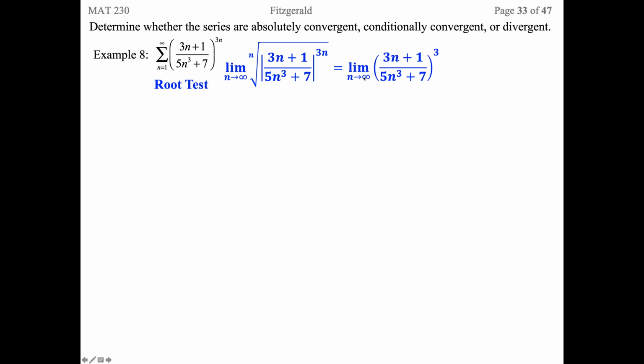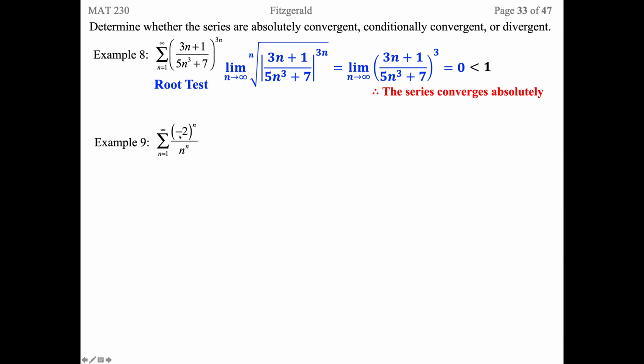So the limit as n approaches infinity, we have 3n plus 1 over 5n to the third plus 7, all raised to the third power. On the bottom, you can see top power 1, bottom power 3. So this is approaching 0. So whether I go to the third power, it's still going to approach 0. And 0 is less than 1, so this series converges absolutely by our root test.